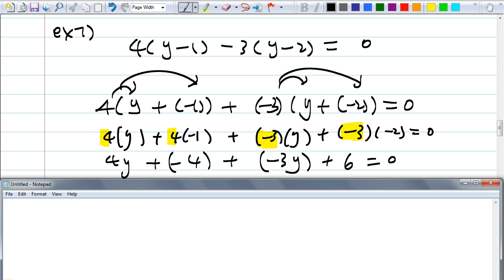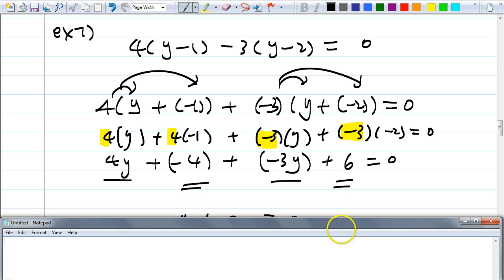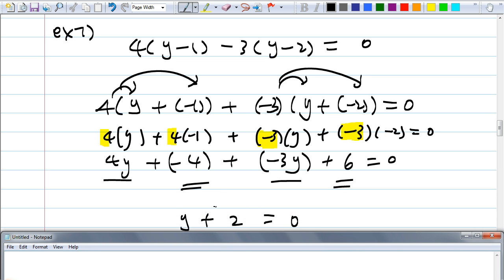Tell me what to write, please. You add together the 4y and negative 3y. Exactly, which you get as positive y. And what about negative 4 and 6? It's a positive 2. So doesn't that equal 0? I even underlined the like terms there. Alright. Are we done?